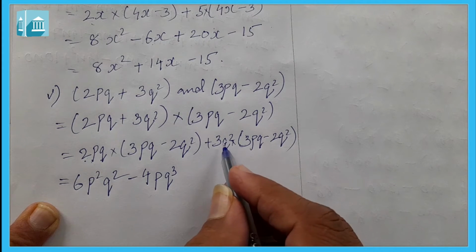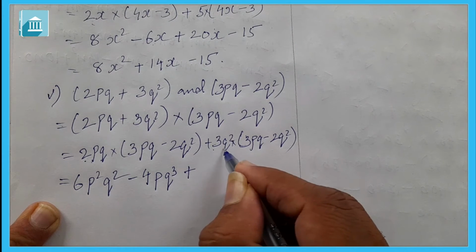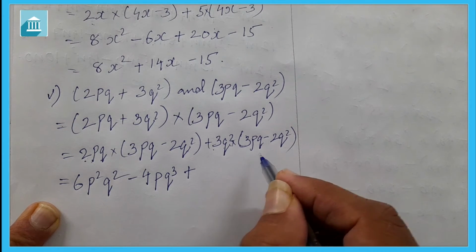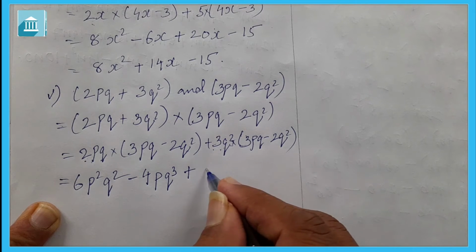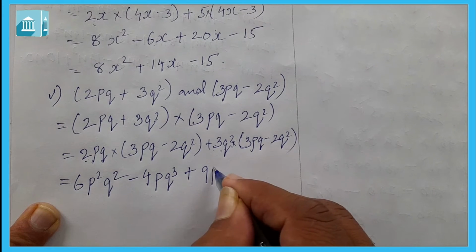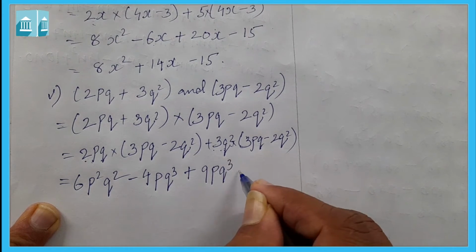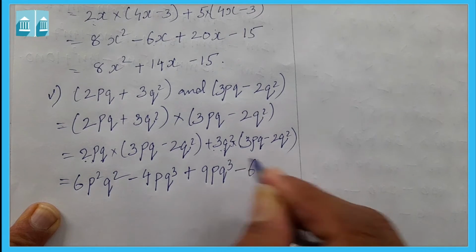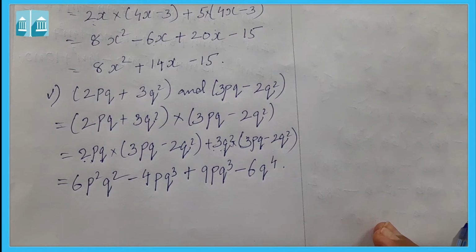Again the same thing here, plus 3q square. So 3 into 3 is 9, p, q into q is q square, and q into q cube. 3 into minus 2 is minus 6, q square into q square is q to the power 4.